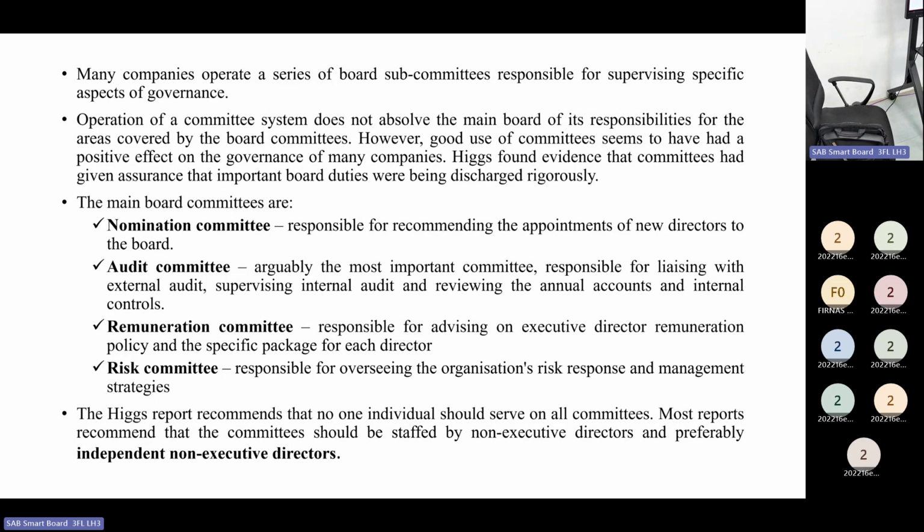Operation of a committee system does not absolve the main board of its responsibilities for the areas covered by the board committee. However, good use of committees seems to have had a positive effect on the governance of many companies, right? By having these committees, they make the governance stronger.